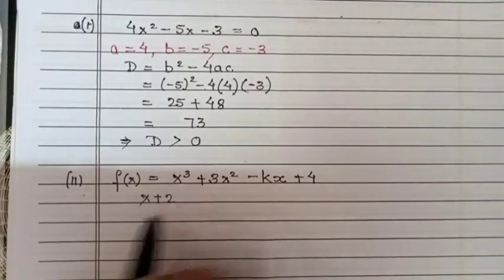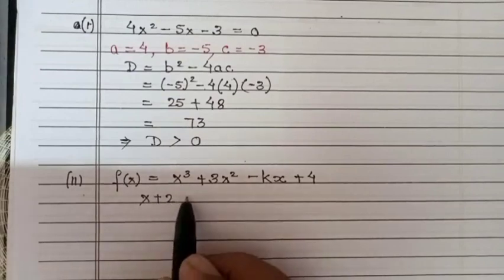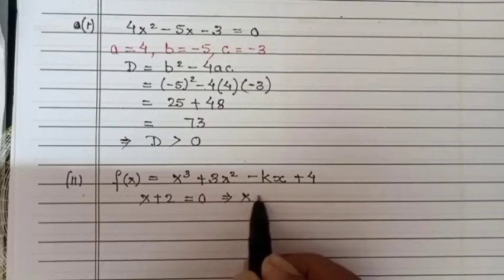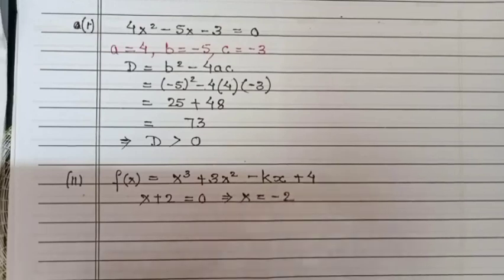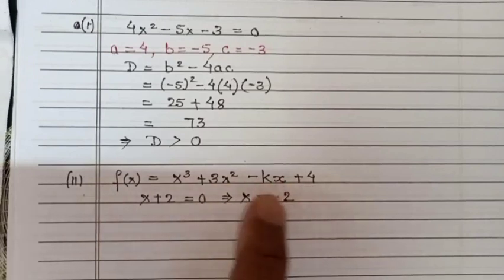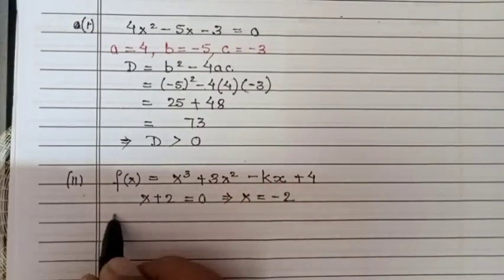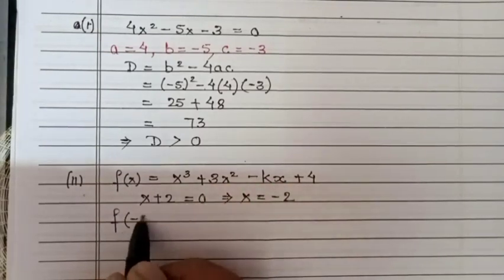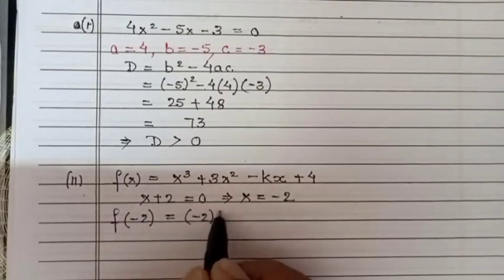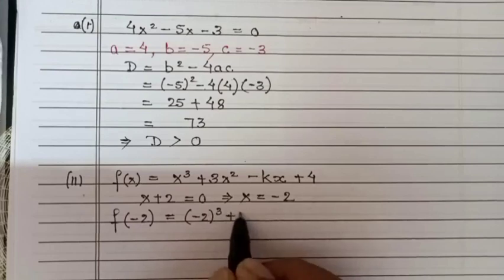Now the question says that this polynomial is to be divided by x plus 2. So x plus 2 is the divisor. So from the divisor you can get the value for x, and the value for x is minus 2. Now you will substitute this value for x in the polynomial to get the remainder. So let's get the remainder. So we are substituting the value for x as minus 2.